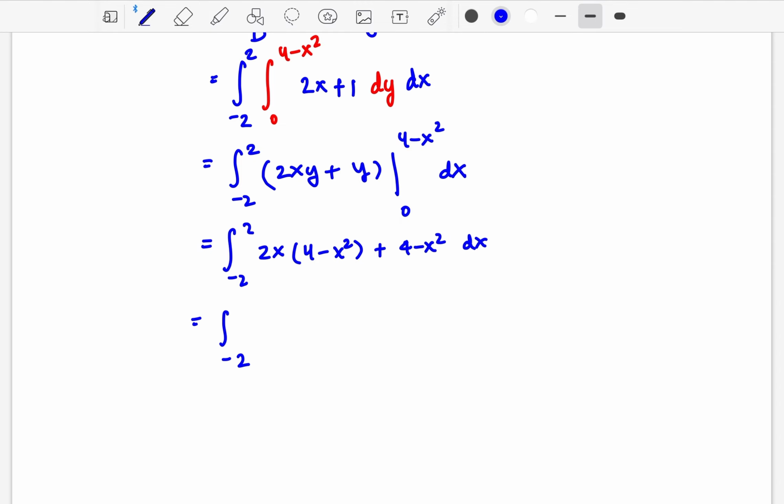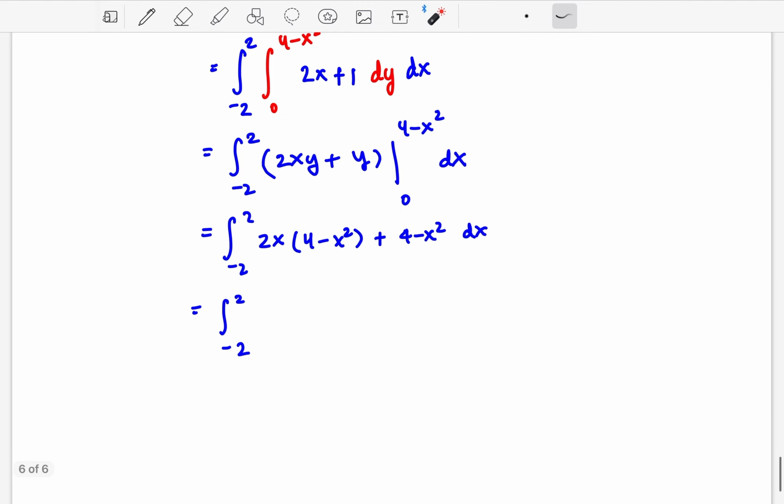I'm going to simplify the integrand. So this is the integral from negative 2 to 2, and I multiply this times 4. So I get 2 times 4, which is 8x, minus 2x times x squared, which is minus 2x cubed, plus 4 minus x squared dx. I'm going to do something I really like, which is using the fact that I'm integrating over a symmetric interval from negative 2 to 2.